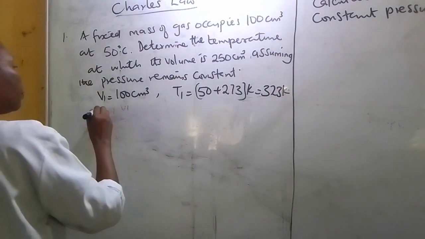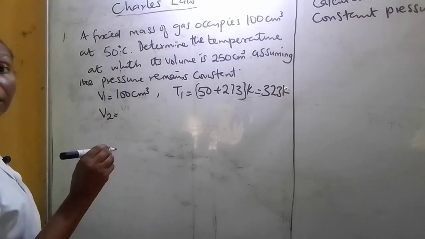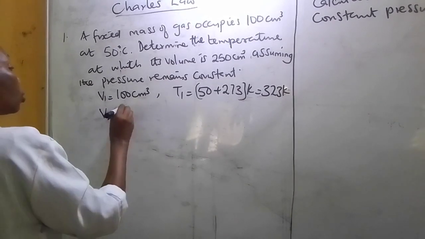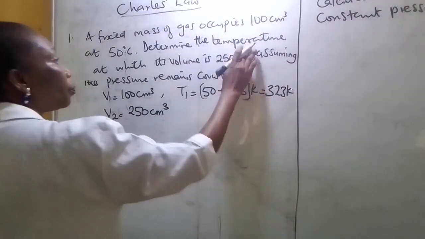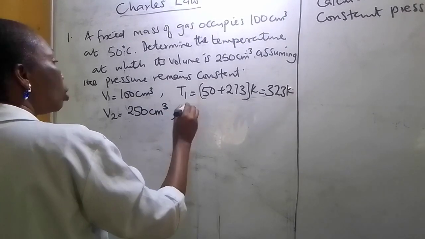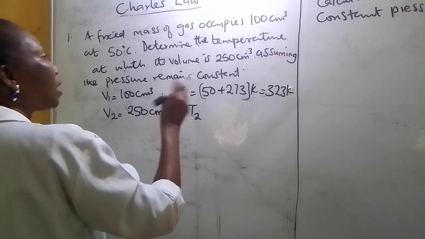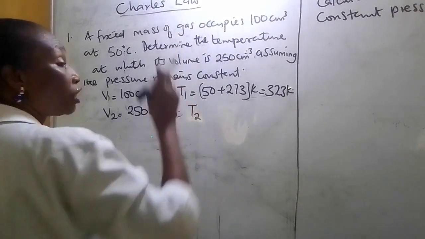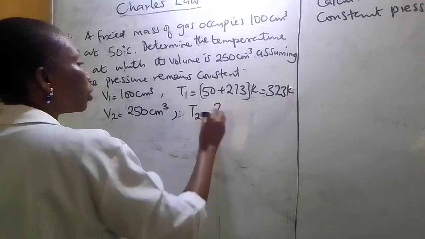Then we have V2, the second volume, which is 250 cm cube. And we are asked to look for T2, the new temperature at which the volume is 250 cm cube. So T2 is what we don't know.